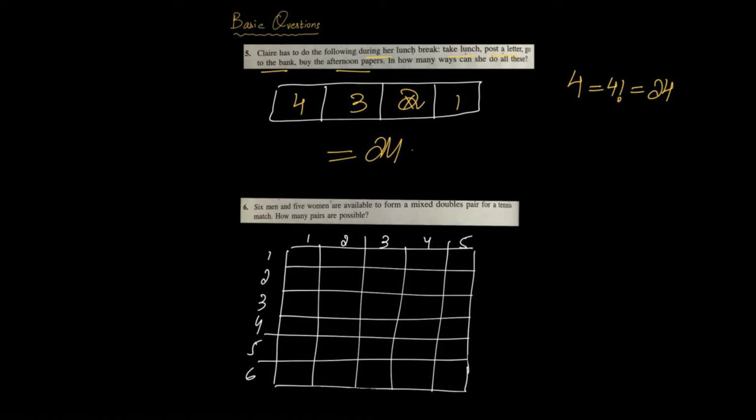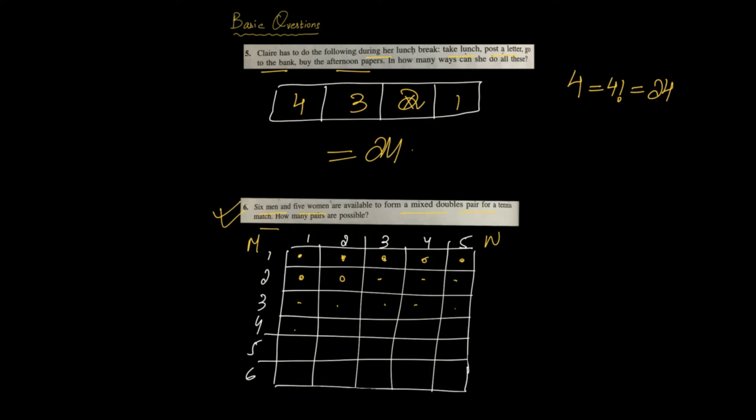Similarly, in the second question, 6 men and 5 women are available to form a mixed doubles pair for a tennis match. So there are 5 women and 6 men. The first man can play with the first woman, the second, the third, the fourth, the fifth. The second man can play with the first, the second, the third, and so on.